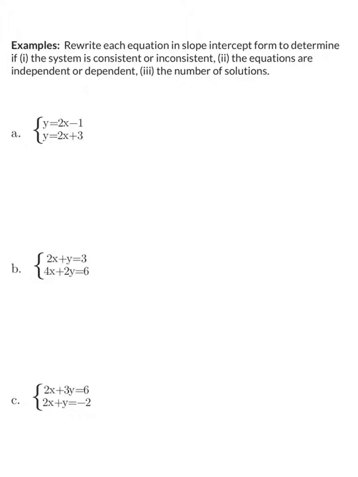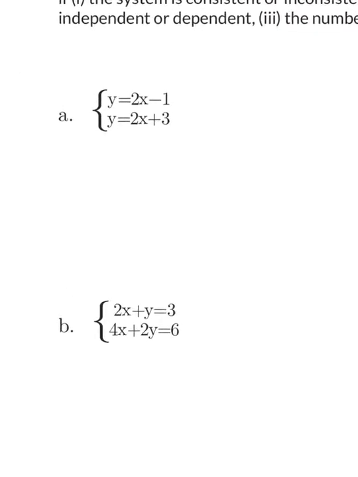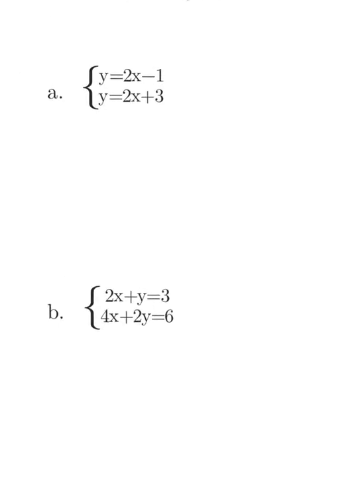So in order to do this, our first step is to rewrite each equation in slope-intercept form. For example A, we already have this in slope-intercept form. We have already solved for y. So the only thing we need to do is look at slopes and y-intercepts.